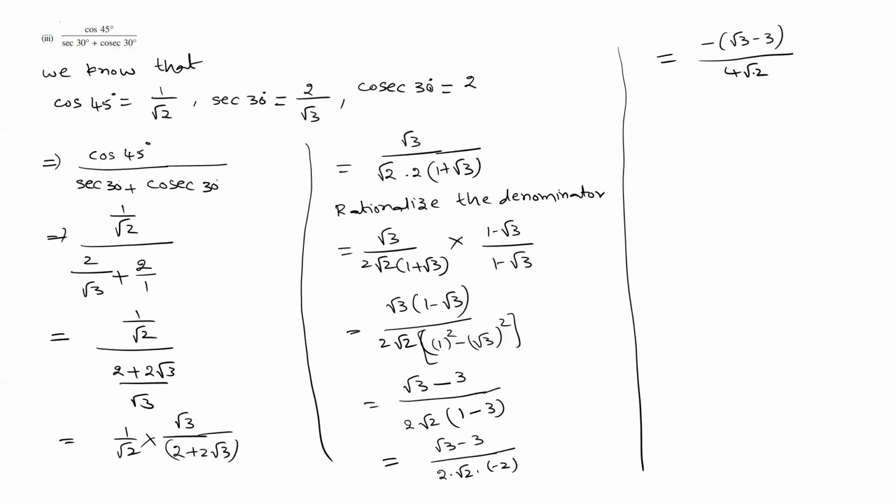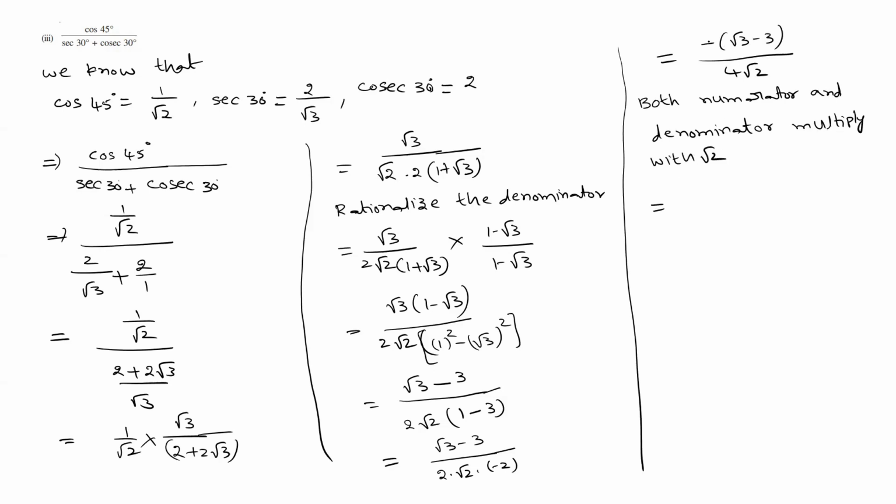So now both the sides, numerator and denominator, multiply with square root 2.